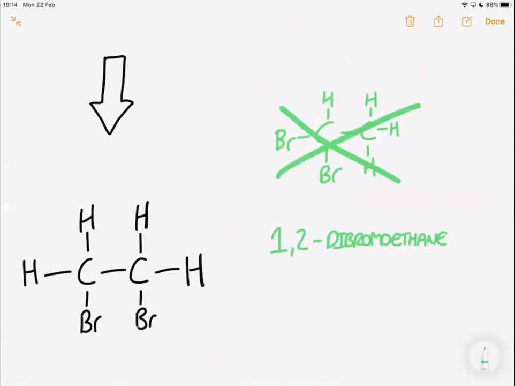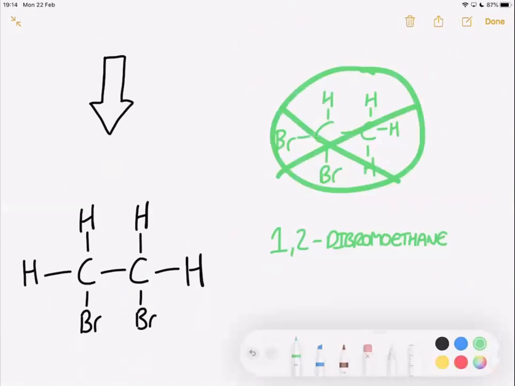You couldn't get 1,1-dibromoethane anyway, because these atoms from the electrophile have to attach themselves to the adjacent carbons, the ones that were joined together by a double bond. So they can't wind up like that. In order to make that kind of halogenoalkane, you'd have to do a free radical substitution. And you'd have to get lucky because it's quite random.